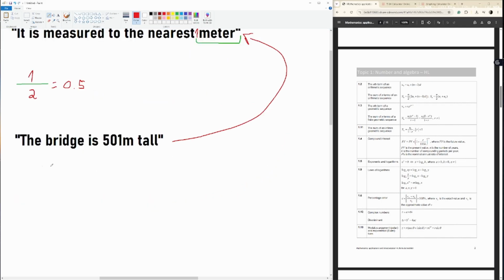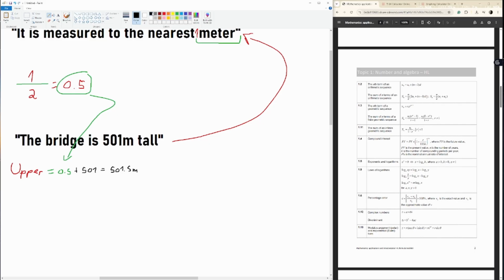Then if you want to find the upper bound, you just add the difference that you have from here, which is 0.5. You add 0.5 to your bridge height, which was 501 meters, and you get your upper bound to be 501.5 meters.